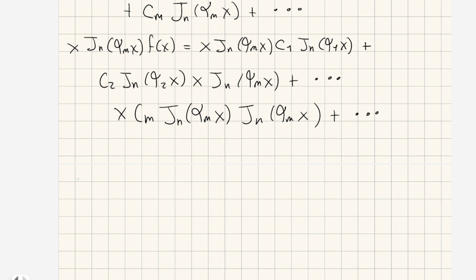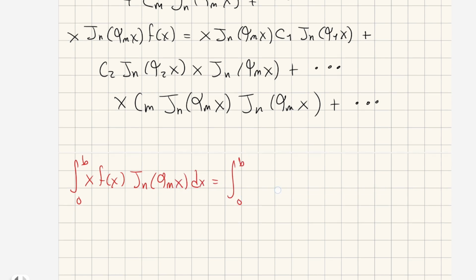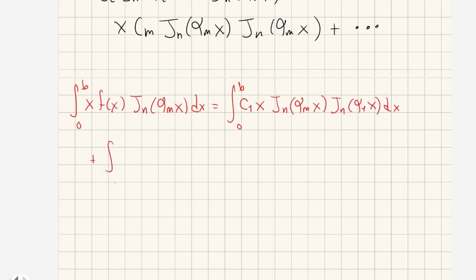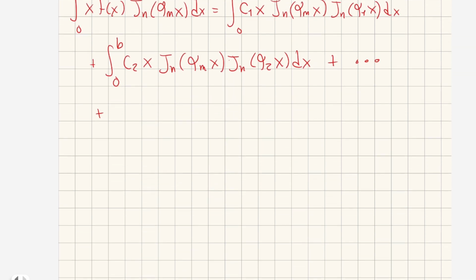So this is going to give us the integral from 0 to b of x f of x Jn alpha m of x dx equals the integral from 0 to b of c1 x Jn alpha m x Jn alpha 1 x dx, and then plus the integral from 0 to b of c2 x Jn alpha m x Jn alpha 2 x dx, all the way up to the m element, right?